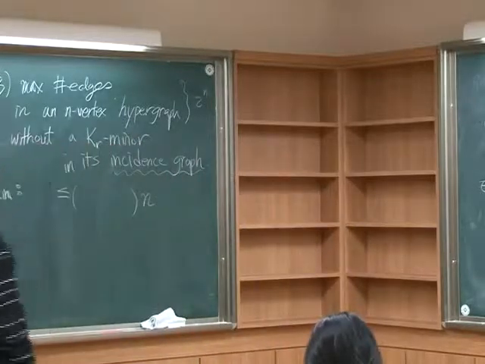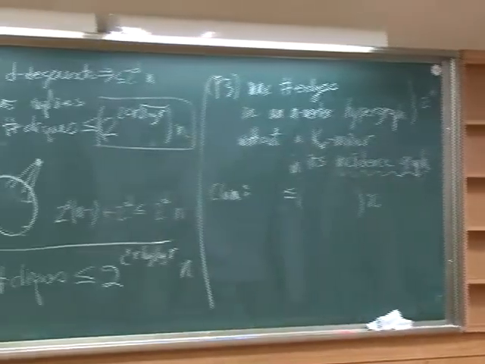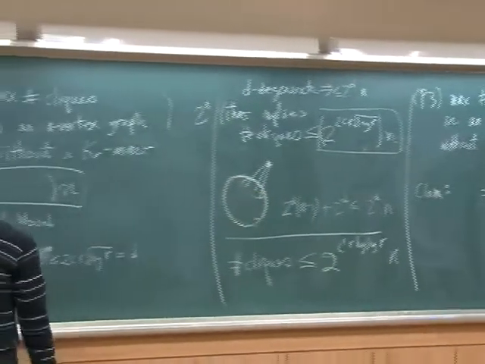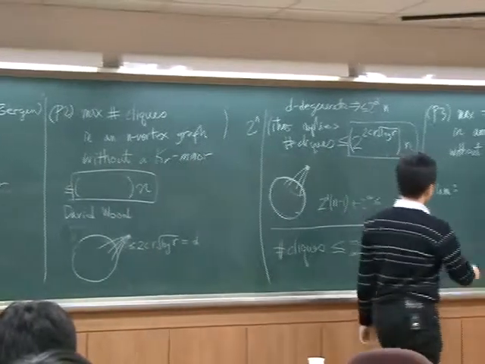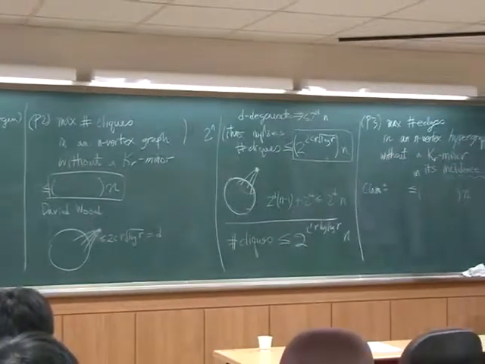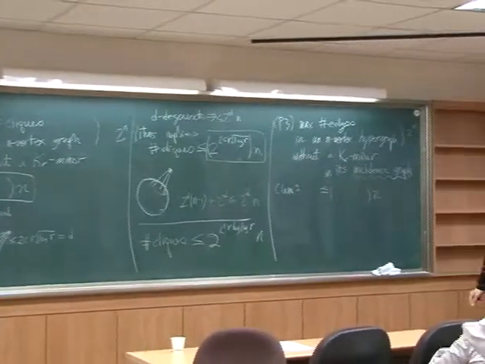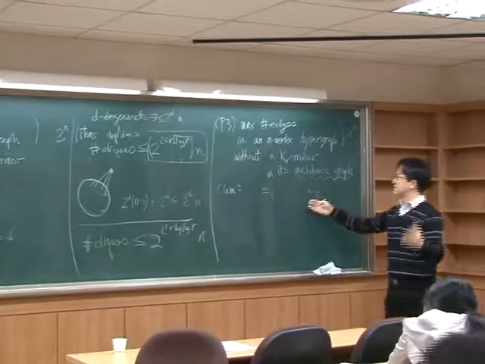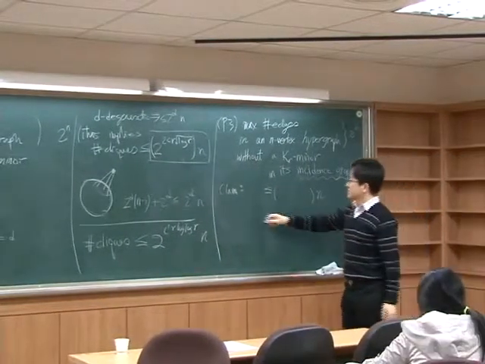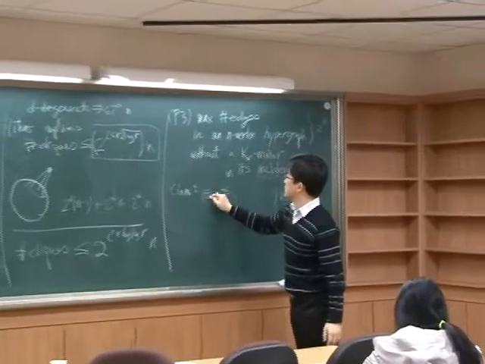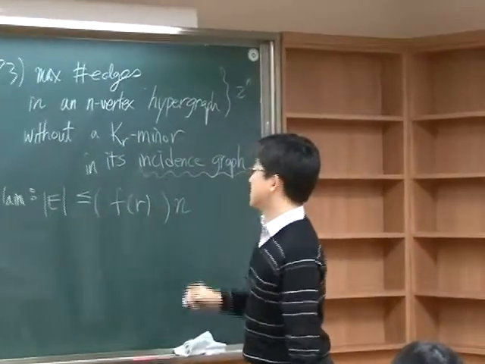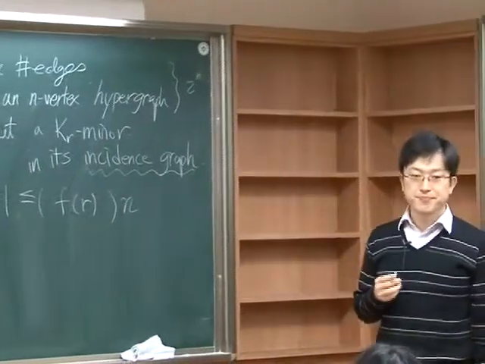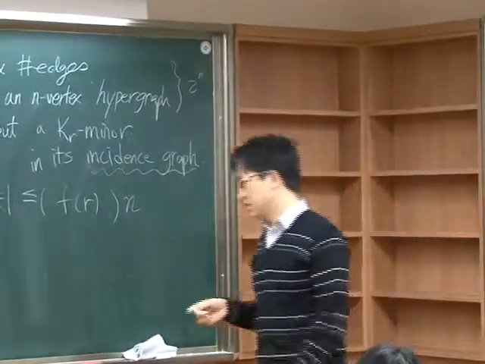And now I will explain why P2 implies P3. We will prove that by induction. Suppose that I want to prove this is at most some function f of r times n. Let's claim that.